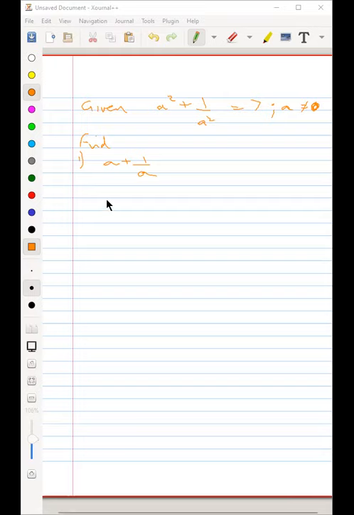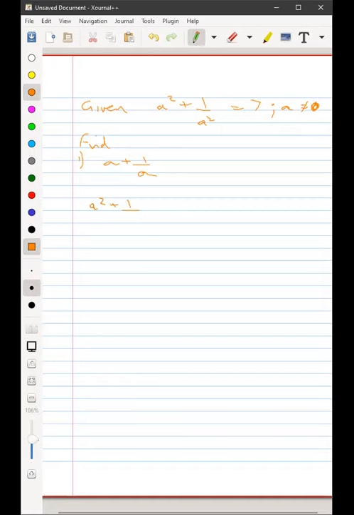Okay. Ananya, let's solve this. Yes, sir. So a square plus 1 upon a square minus 2 will be 5. Tell me the identity first. a square plus 1 upon a square plus 2 is equal to a plus 1 upon a whole raised to the power of 2.